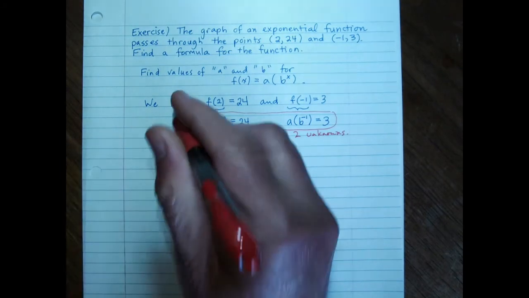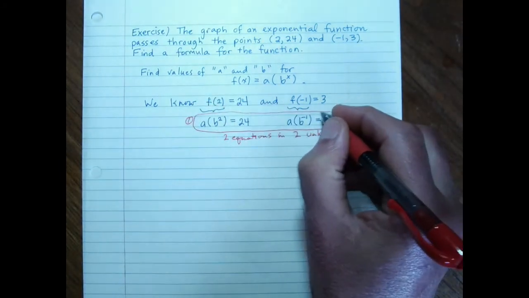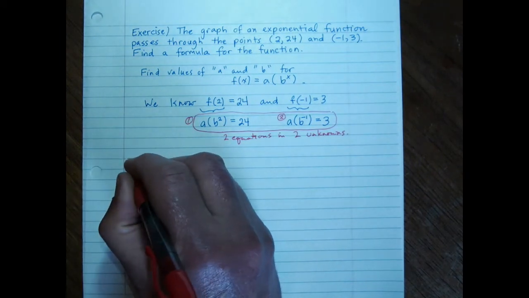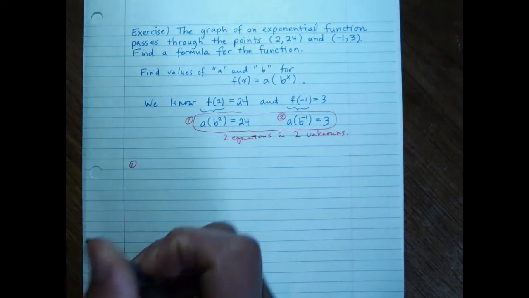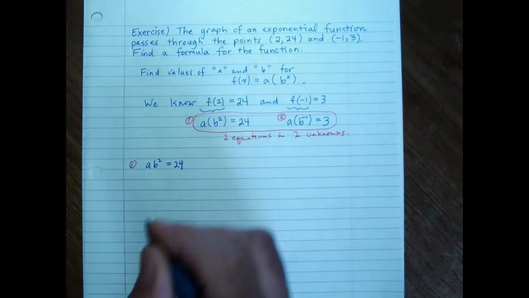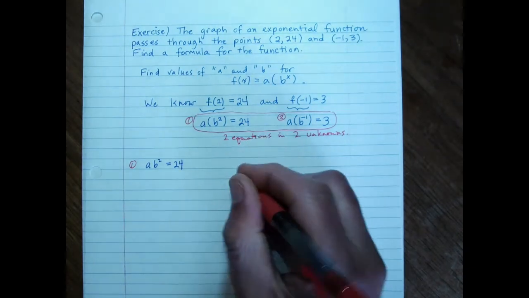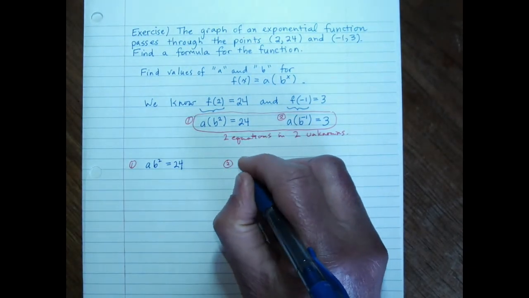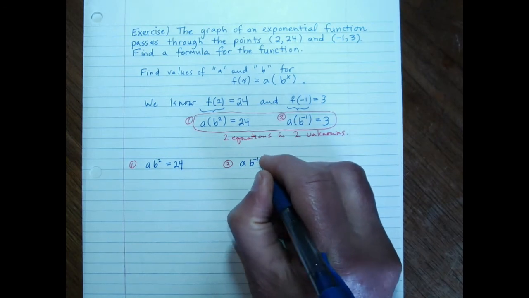I'm just going to call these equation 1 and equation 2, and recopy them here. Equation 1 is a b squared equals 24. I don't need the parentheses. Equation 2 is a b to the negative 1 equals 3.